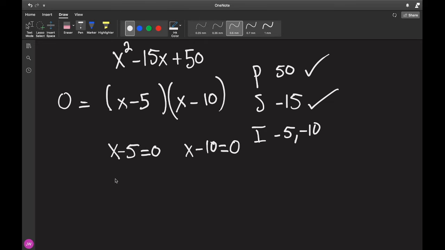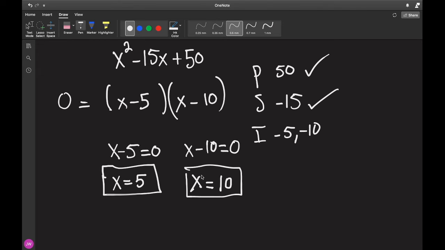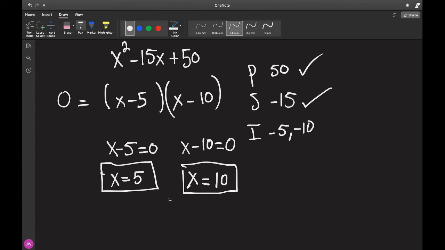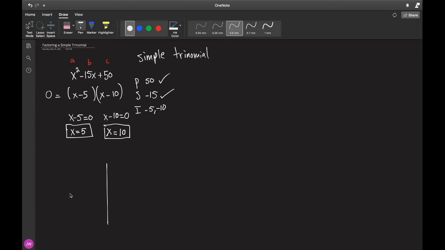So x minus 5 equal to 0, move over 5 by adding 5 to both sides, is x equals positive 5. Now x minus 10, add 10 to both sides to get rid of the negative 10, x equals positive 10. So these are your two x-intercepts of this function.